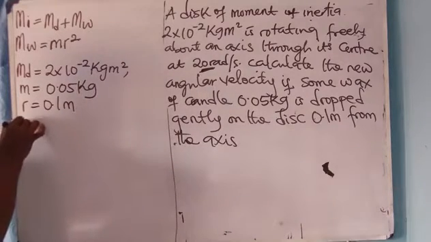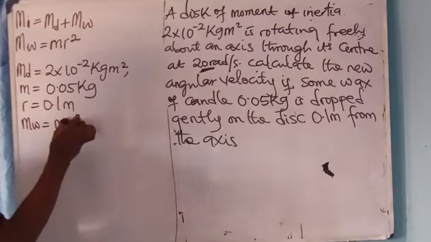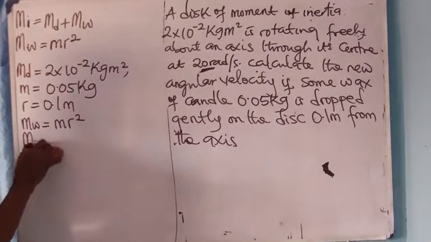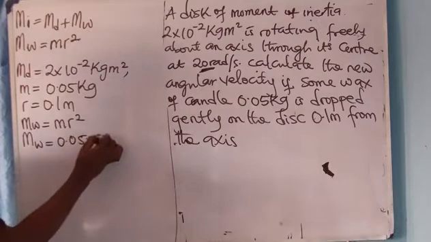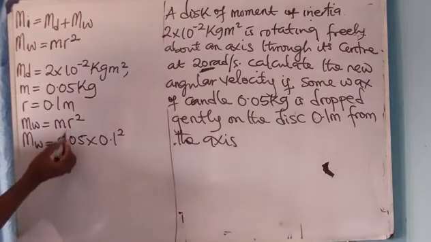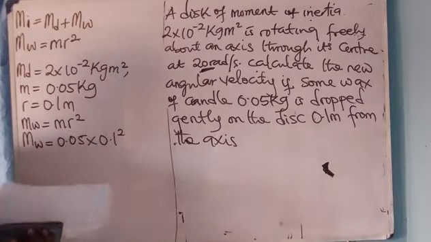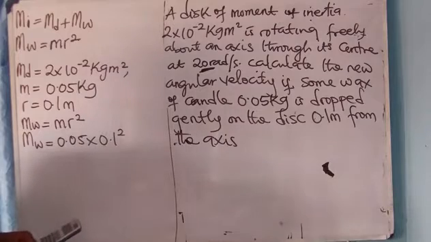Now, mass of the wax is equals m r squared, which means that moment of the wax is equals mass, 0.05, times 0.1 squared. This is the formula. This is the mass and this is the radius. So 0.1 times 0.1 is 0.01.